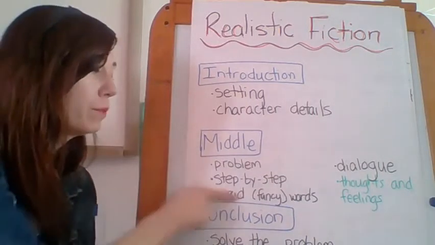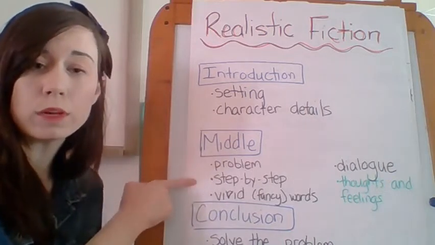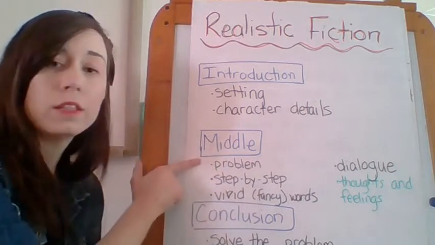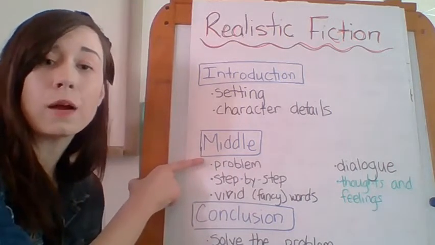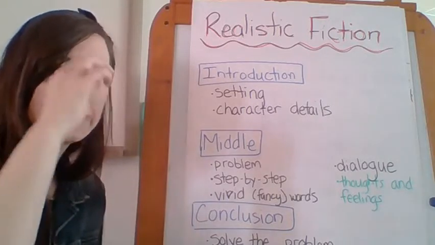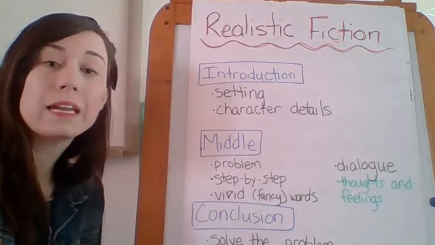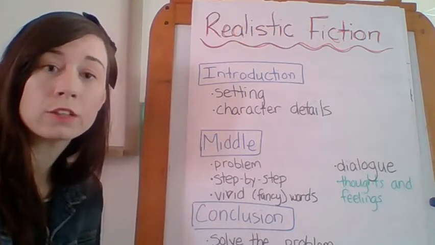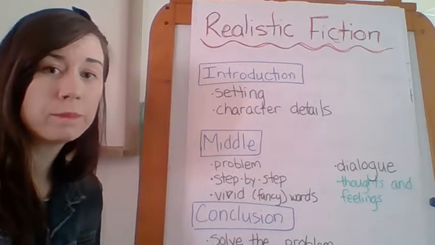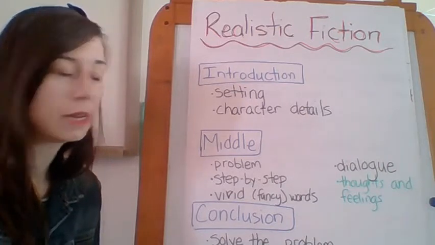So the middle is a pretty big important part in your story. So we've talked about how the middle always has a problem, and the problem can relate to a negative character trait that your character has that usually helps develop a problem in your story.